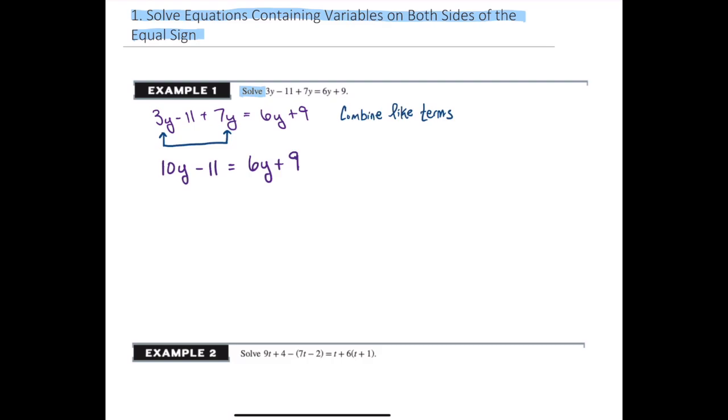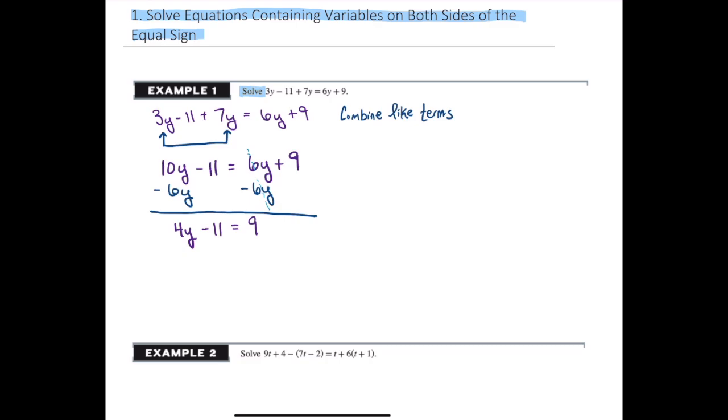I have a positive 6y on the right side, so in order to move it over, I would subtract 6y from both sides. On the right side, it'll cancel. And on the left side, 10y minus 6y, there would be 4 left over. So 4y. We still have the minus 11. And then on the right side, we have our positive 9.